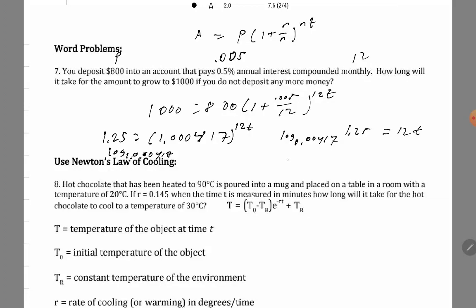So we use our change of base, and you gotta obviously use a calculator for this one. Log 1.25 over log 1.000417 equals 12t. And then whatever you get, you divide that by 12. So t is about 44.6 years.